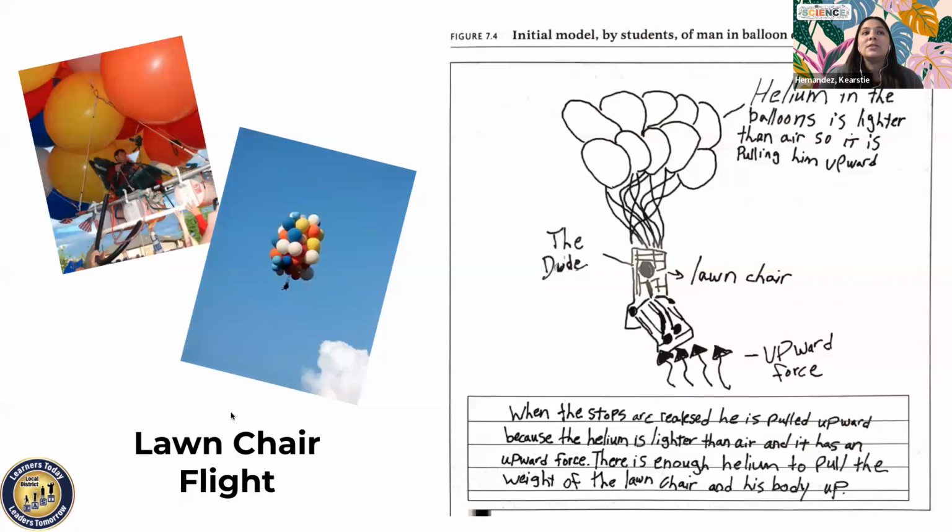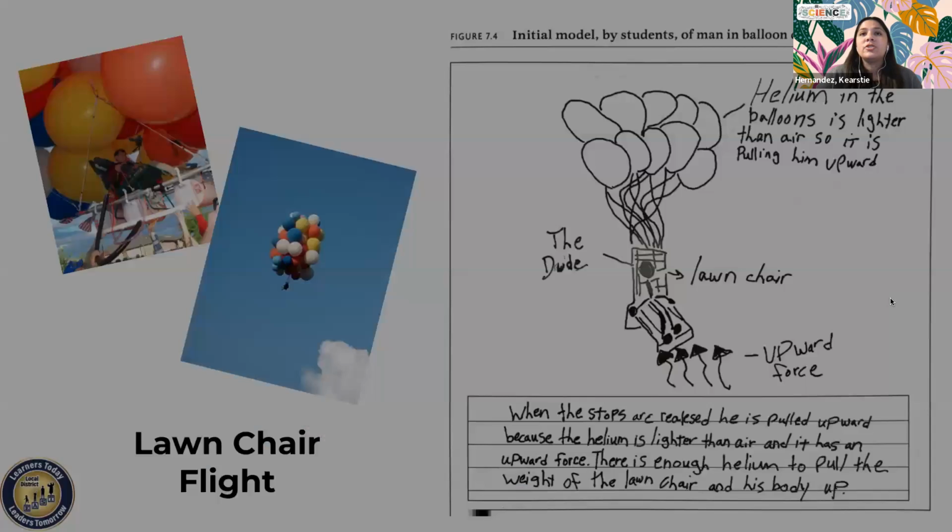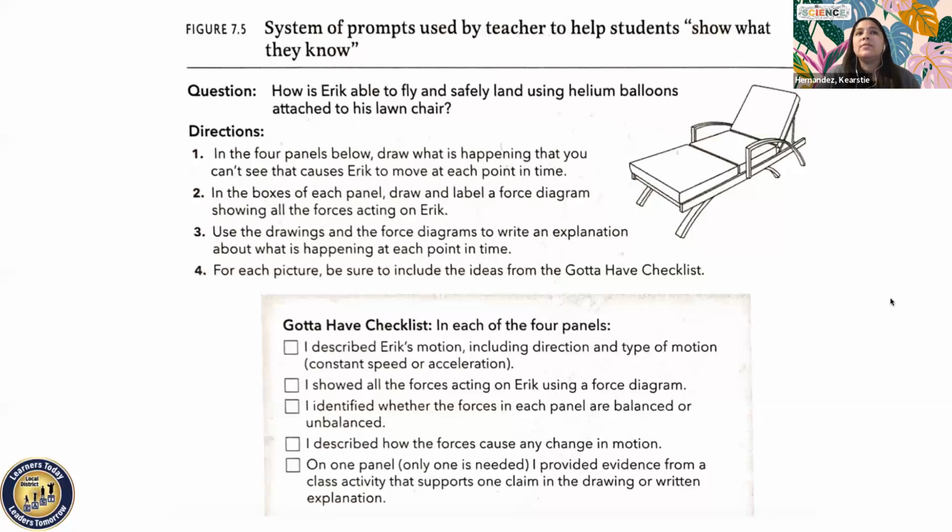Students were asked to observe the phenomenon and then construct a model and explanation. You can see this was their first model, their initial model. After creating their initial model, students went through a series of lessons and were able to co-create this gotta have checklist. And this is going to be our focus for this activity.